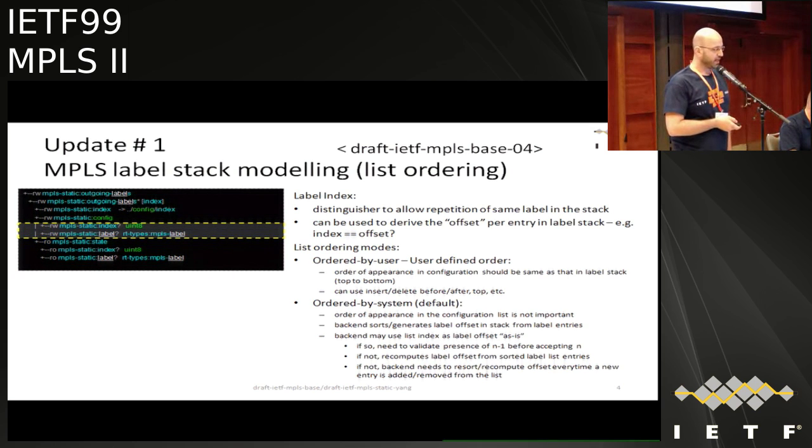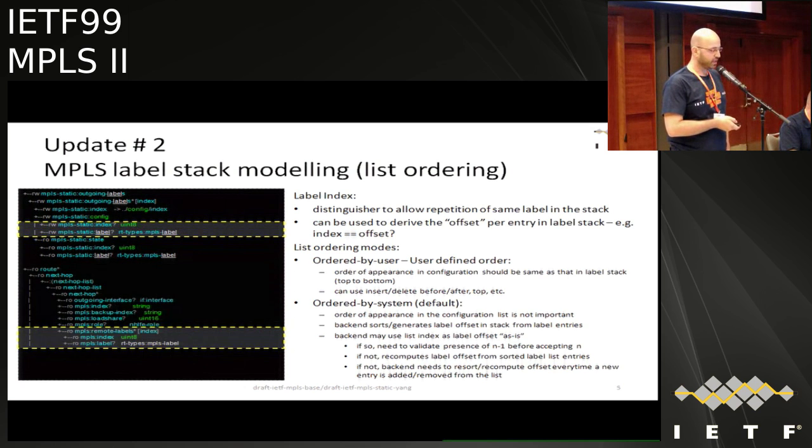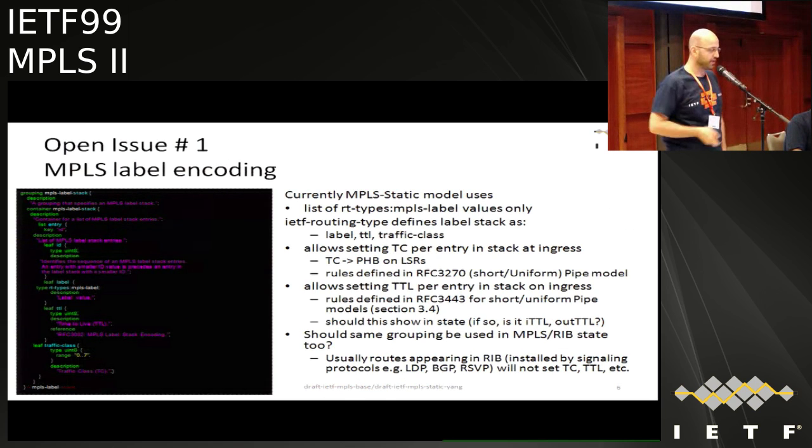This label stack is relevant at configuration time, as well as in the state model in the MPLS RIB model, at the bottom of the tree there. The MPLS routing types Yang model has defined an MPLS label stack.